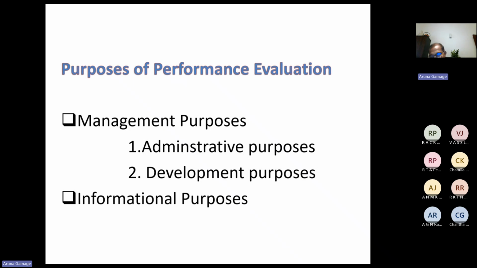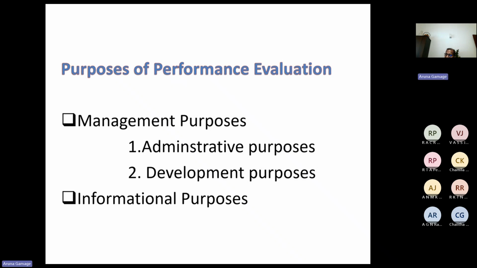Anybody? Don't you have performance evaluation in your organization? What are the administrative purposes of performance evaluation? There are many.